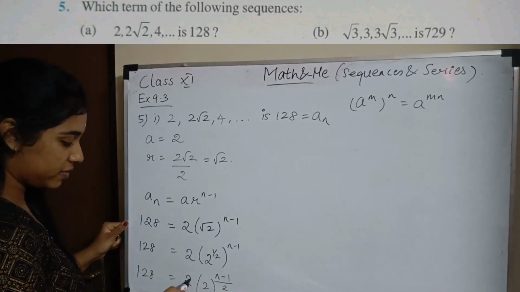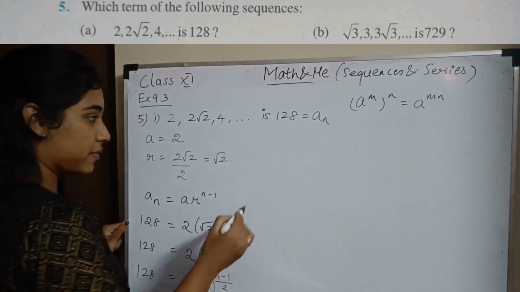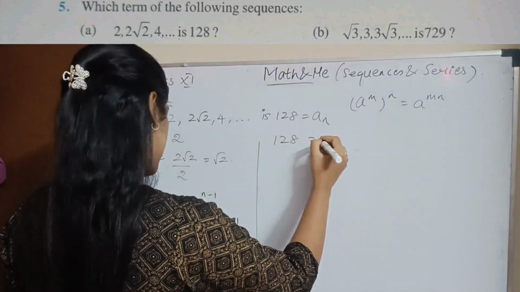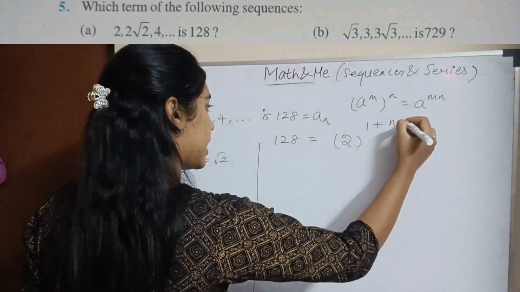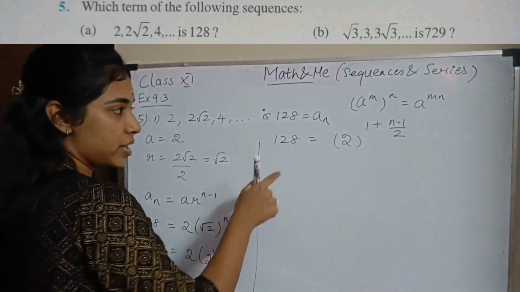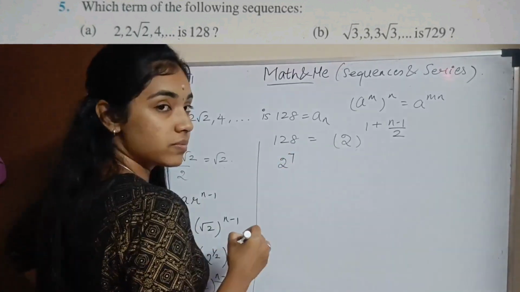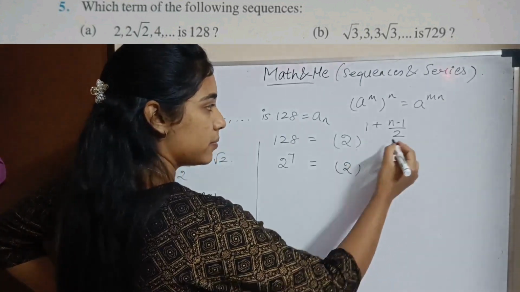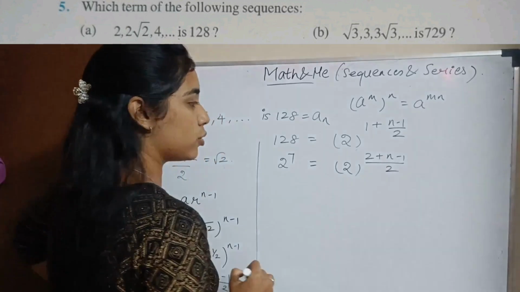So here I have 2 to the power 1 times 2 to the power N minus 1 divided by 2. So when I add both, what do I get? 128 equals 2 to the power 1 plus N minus 1 divided by 2. So 128 can also be written as 2 to the power 7, which is 2 to the power 2 plus N minus 1, the whole divided by 2.